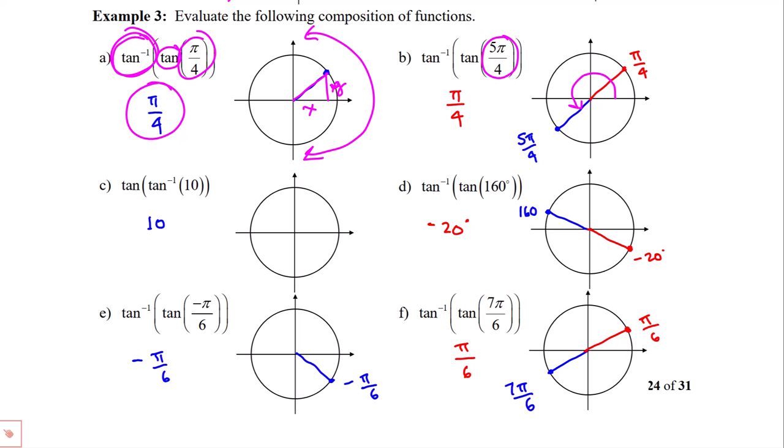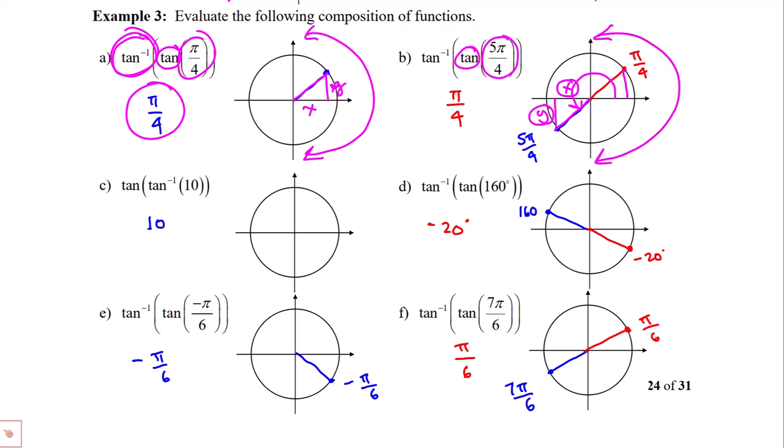4 pi over 4 is 180, so 5 pi over 4 is a bit more in the third quadrant. Tangent of that is some y over x. And in the third quadrant, the y is negative and the x is negative, so the tangent value is positive. I can only go between negative pi over 2 and pi over 2.